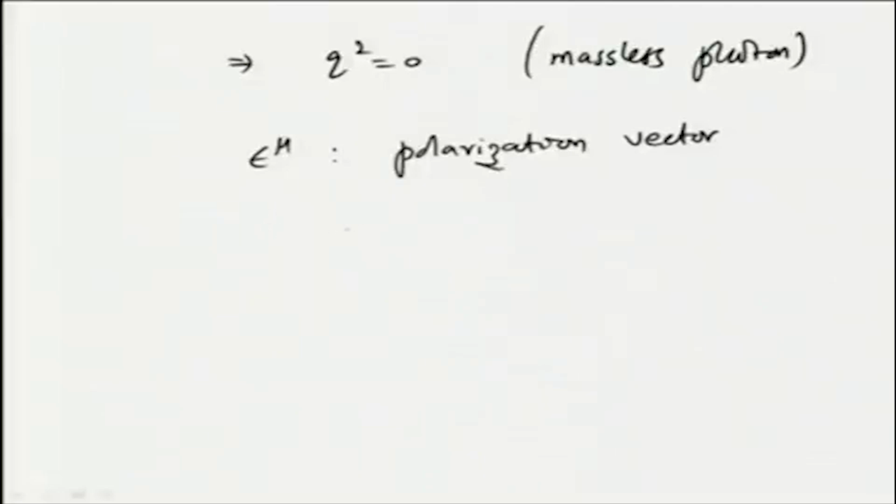And we saw that it has 2 degrees of freedom or 2 independent components. Okay. Maybe I should write it in that fashion. So, this with the Lorentz condition has 2 independent components.